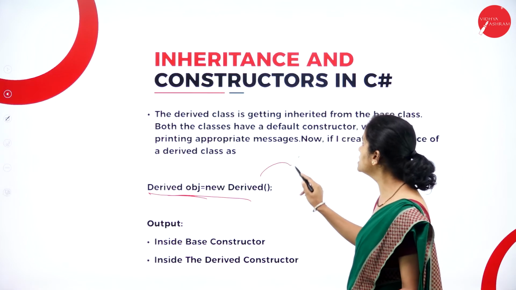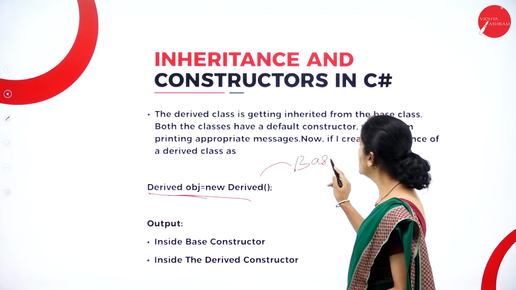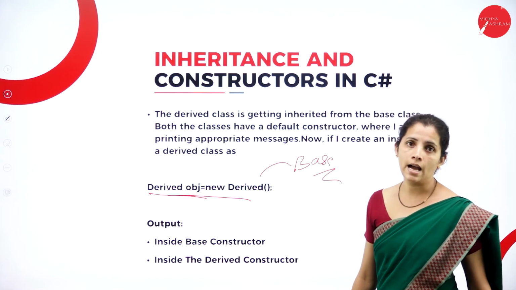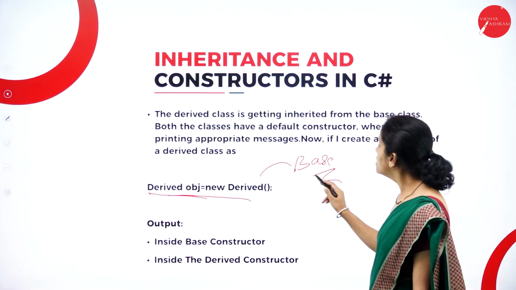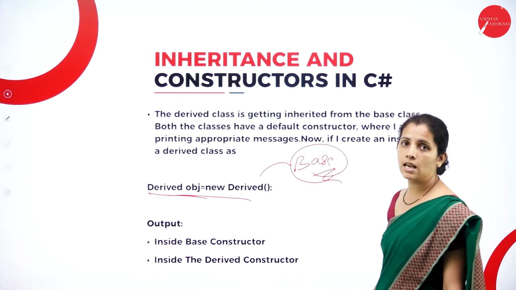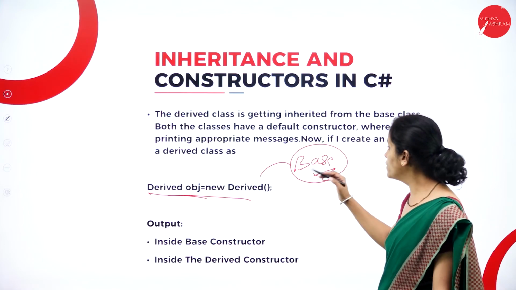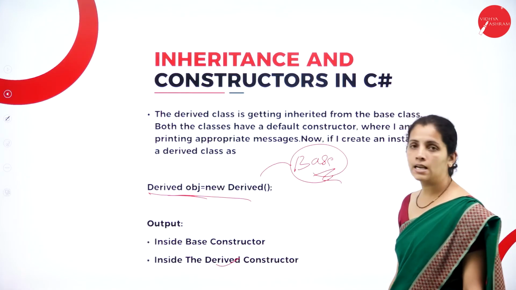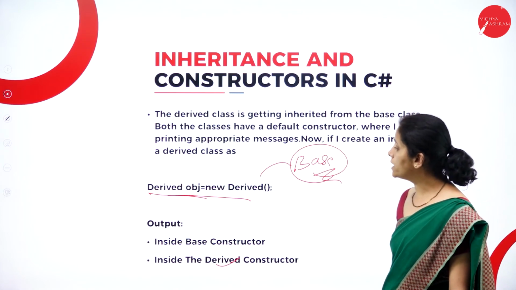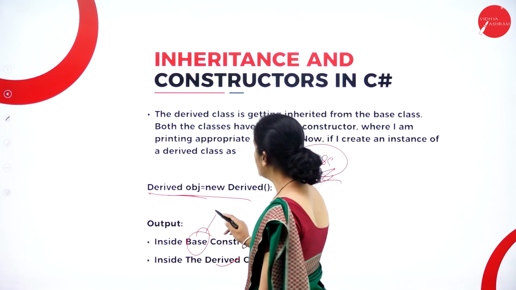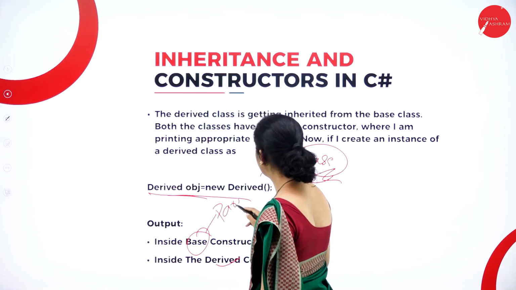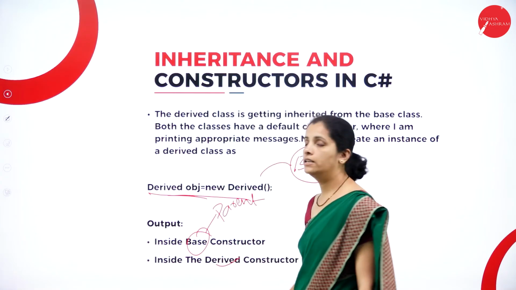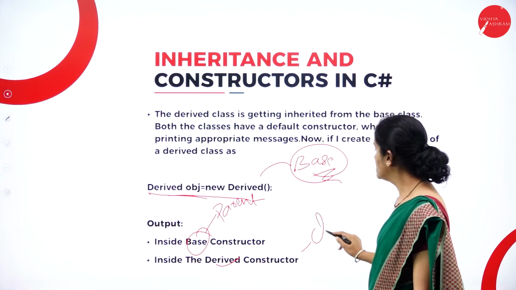That is the base class. So I'm going to get the message like inside base class constructor. After the completion of base class execution, I'm going to get the message like inside the derived class constructor. So what is base? That is nothing but the parent, and derived is nothing but the child.